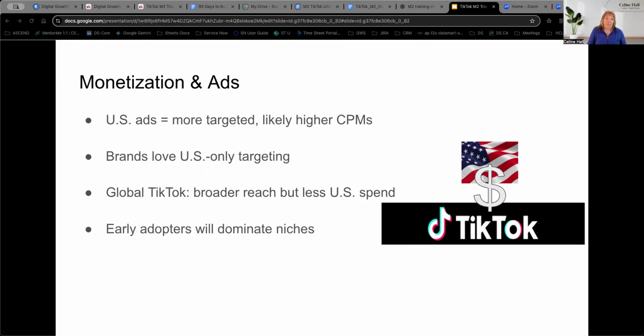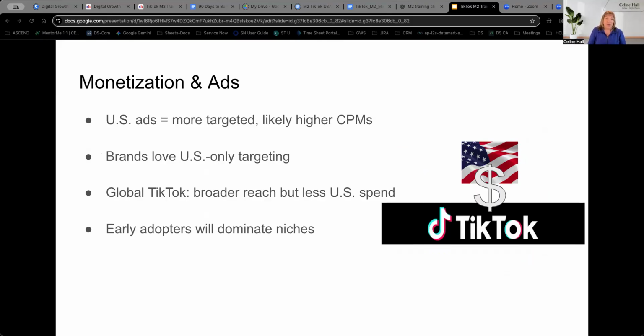So let's talk money, monetization. This will also change. For US creators, ads will become more valuable because they are hyper targeted to the American audiences.